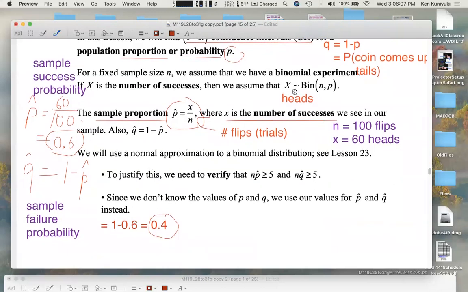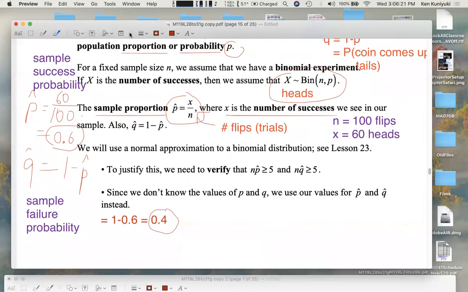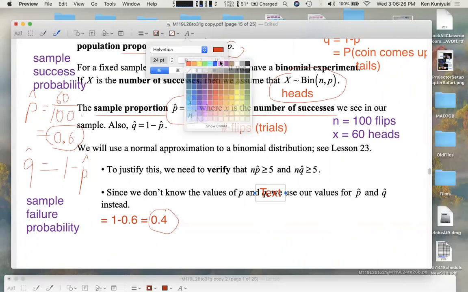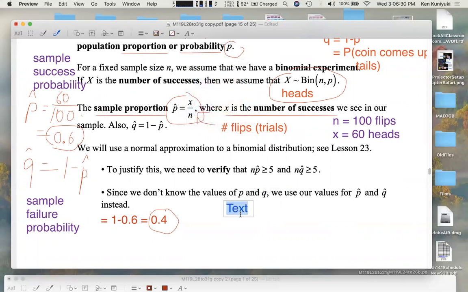So let's say that capital X is the number of heads that we get when we flip this coin n times. In this case, n was 100. Now, before we actually flip the coin, X is a random variable.